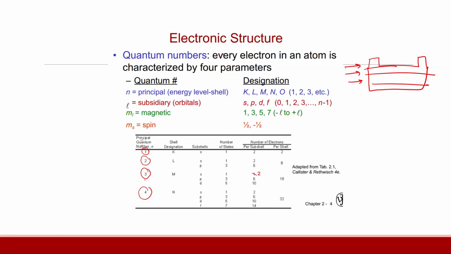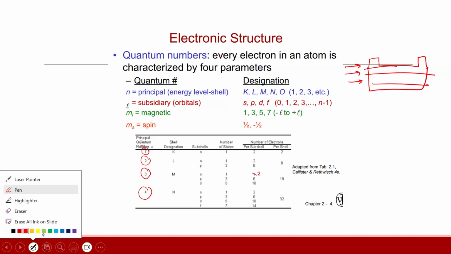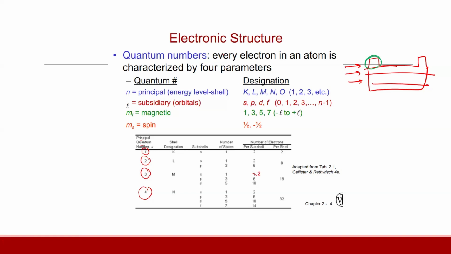Likewise, we give a quantum number depending on the shell number. So if you consider any element in the first row here, they just have this one shell. But if you consider any element in the second row here, they have both shell 1 and shell 2, quantum number 1 and quantum number 2. If you consider anything in the third row, you have all 3 shells: first shell, second shell, and third shell.